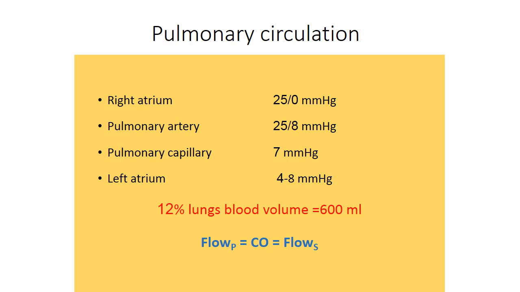Pulmonary capillary pressure is about 7 millimeters of mercury, and left atrium pressure is about 4 to 8 millimeters of mercury. About 20 percent of our whole blood flow, about 600 milliliters, is in the lung, and the flow of the pulmonary system is equal to cardiac output and the flow of the systemic circulatory system.